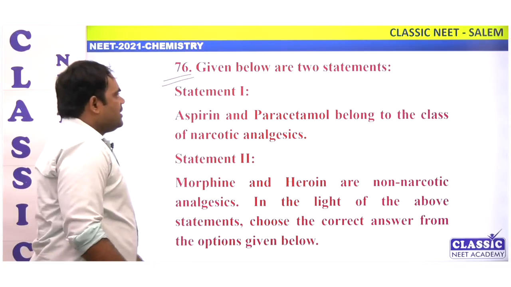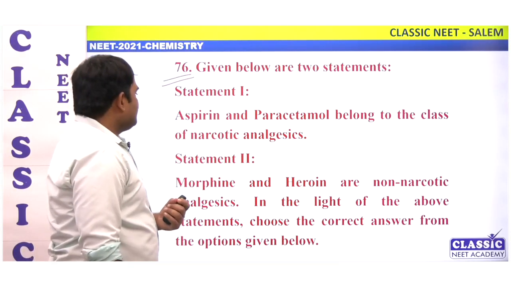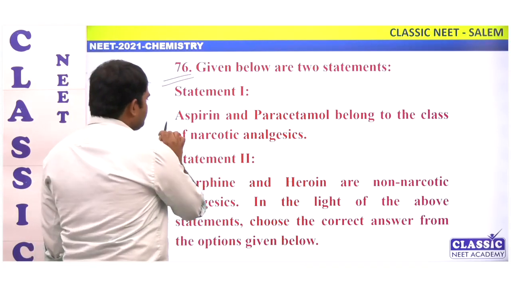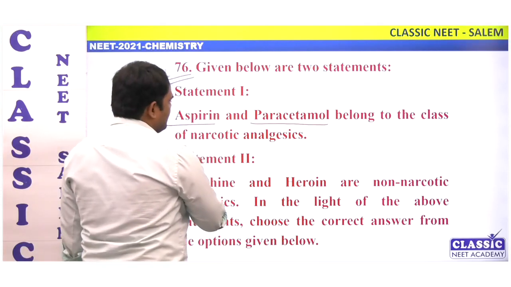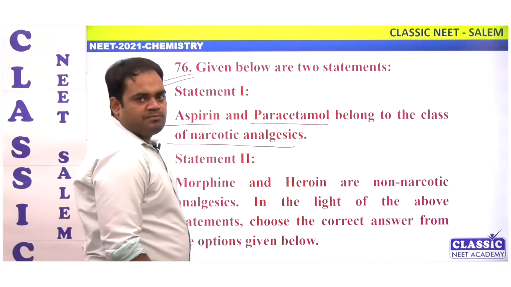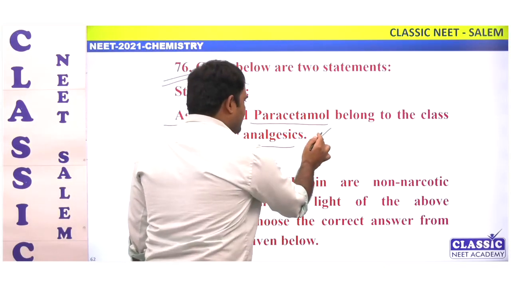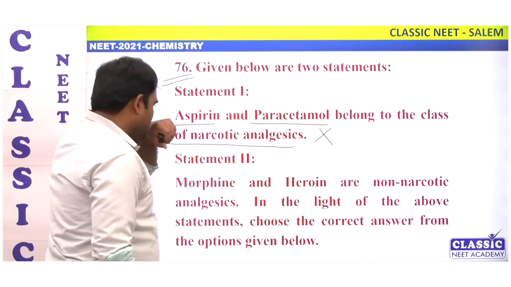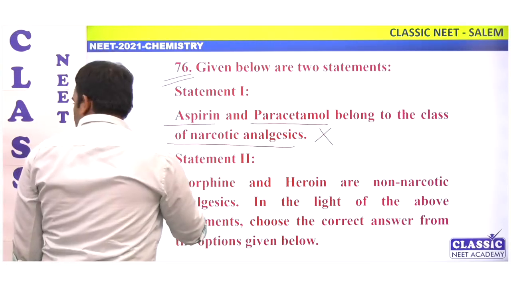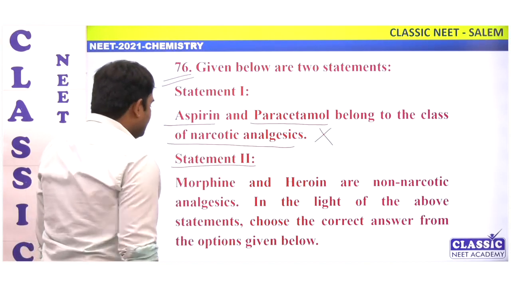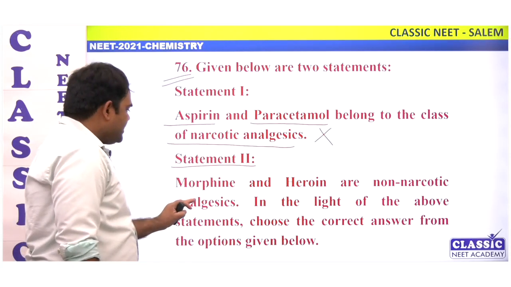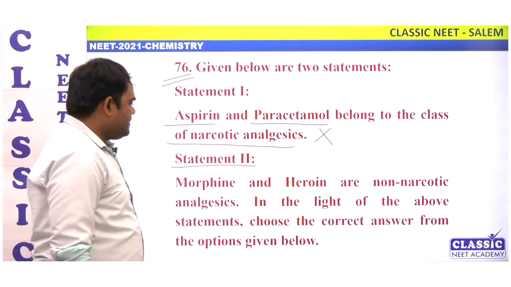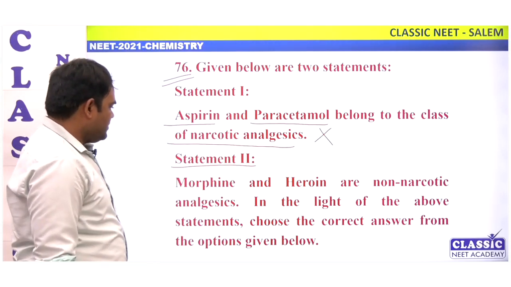76. Given below are two statements. Statement 1: Aspirin and paracetamol belong to the class of narcotic analgesics. No, that is wrong. Statement 2: morphine and heroin are non-narcotic analgesics.